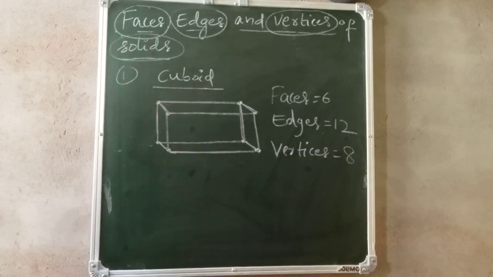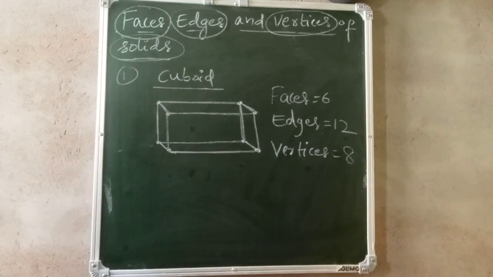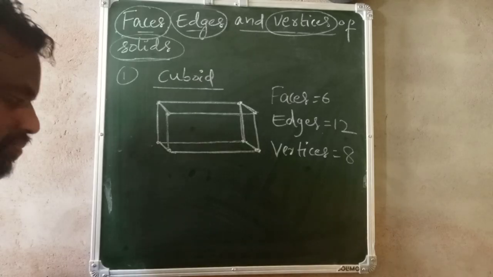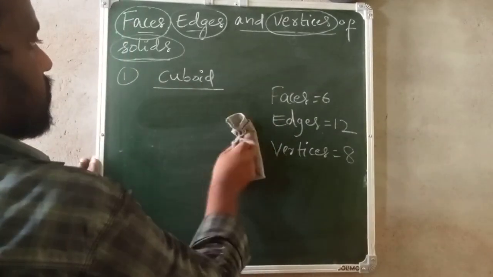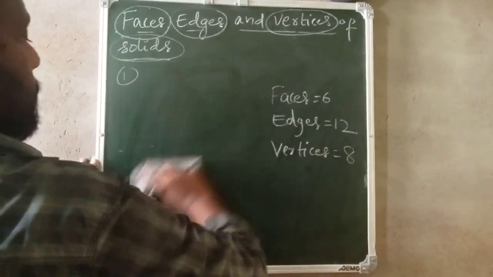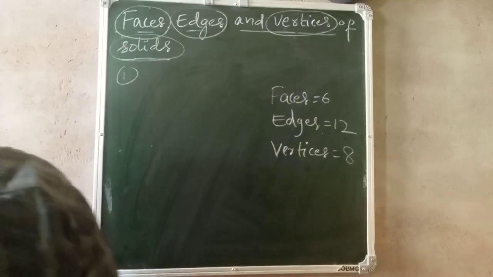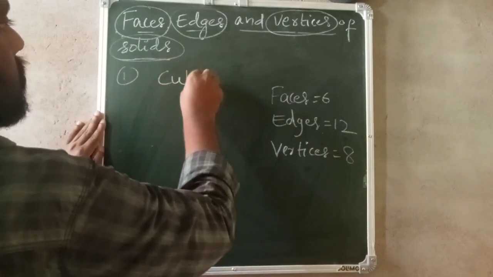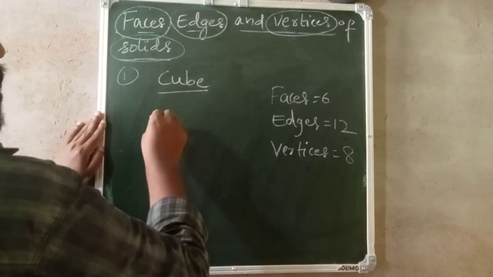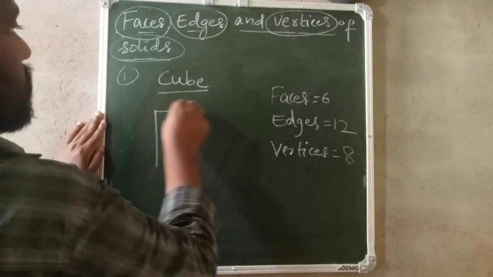So cuboid is done now. Next figure is cube. I will take a cube. So the diagram I will draw like this.